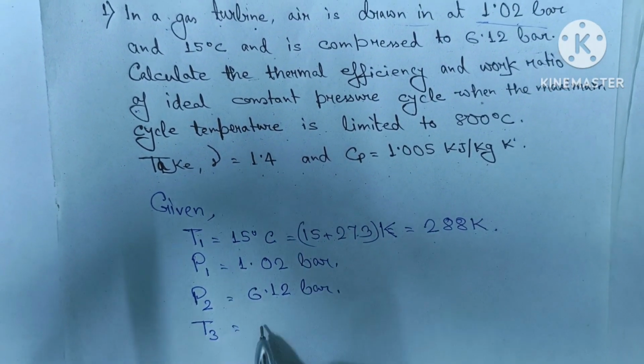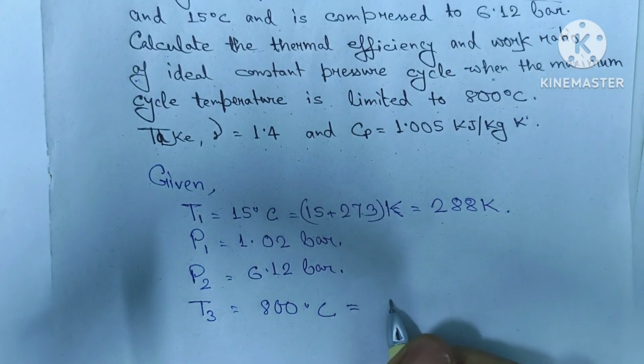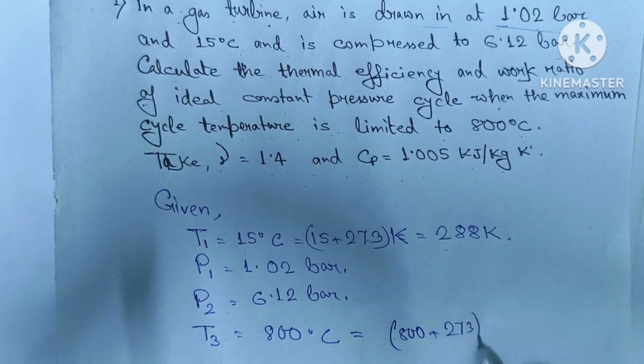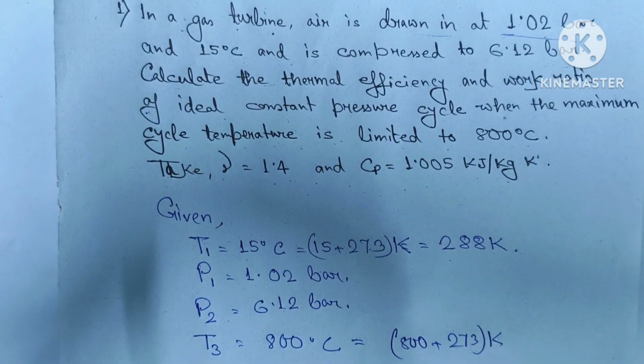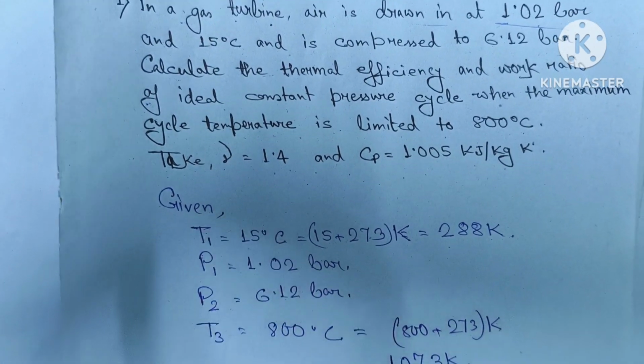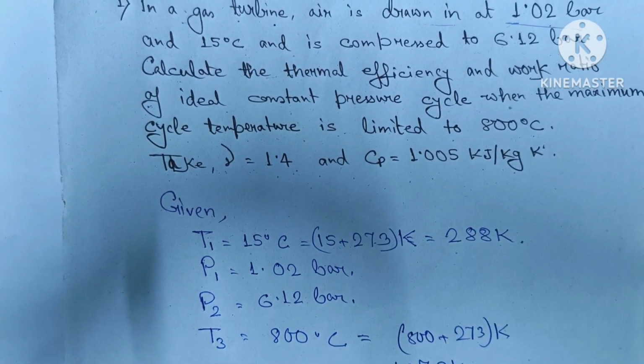That is T3 equals to 800 degree centigrade equals to 800 plus 273 Kelvin equals to 1073 Kelvin.